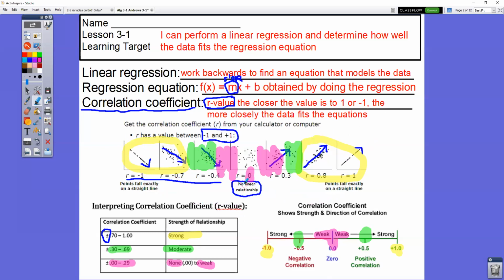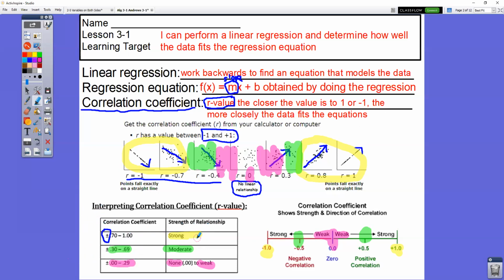All right. So this is a very, very important slide. This is in your Schoology folder today and in the folder of the notes. These same diagrams. You'll probably be referring back to these a lot, especially this table down here, because you're going to have to calculate the R value or correlation coefficient.